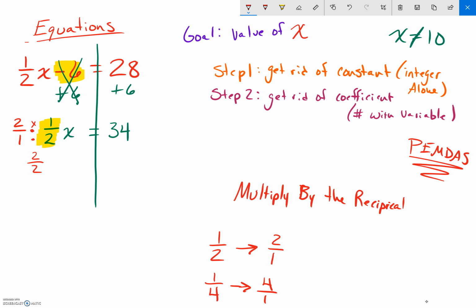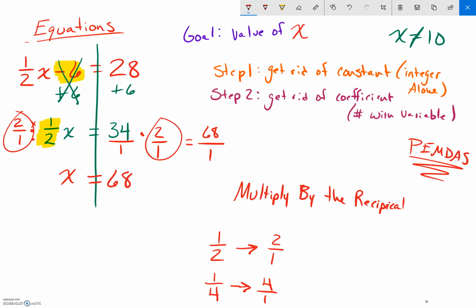Okay, so if you multiply by the reciprocal, this becomes 1x, or just x. If we multiply by the reciprocal over here, it's 34/1 times 2/1. Remember, we're multiplying by that same number on both sides. And that's going to give us 34 times 2 is 68/1. That's just 68. So x equals 68.